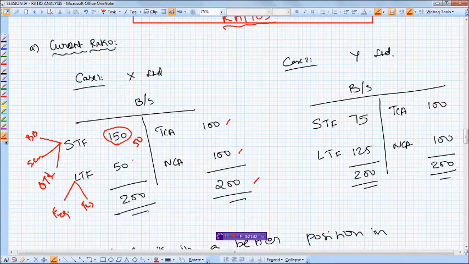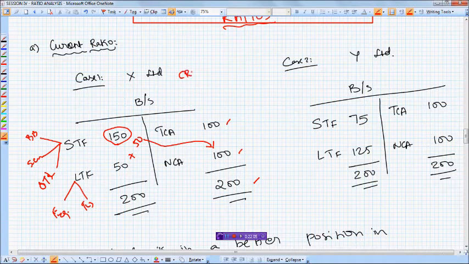So that 50 plus the long-term funds of 50 have gone for funding the non-current assets of 100 crore. In this case, if you calculate the current ratio of the company, it will be in a decimal position. What is the current ratio?